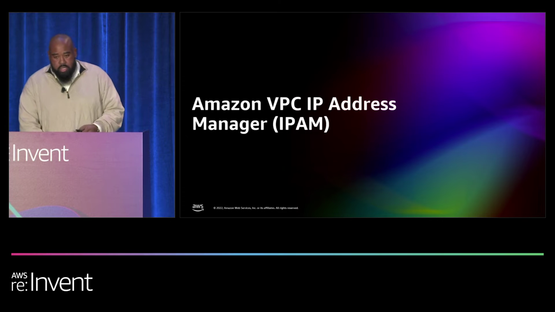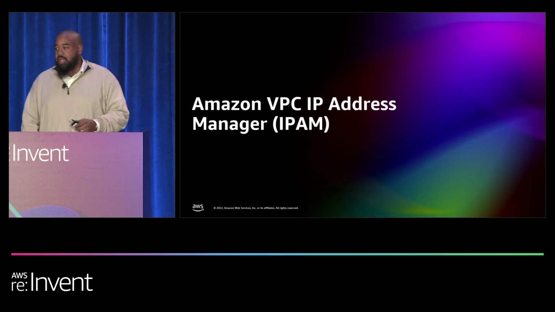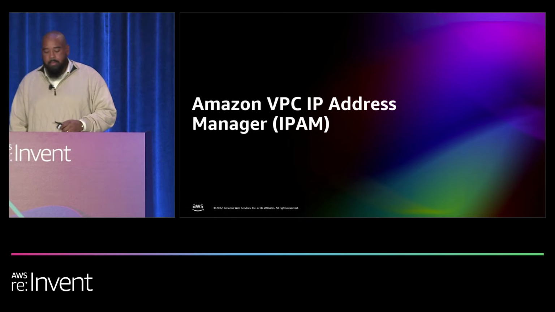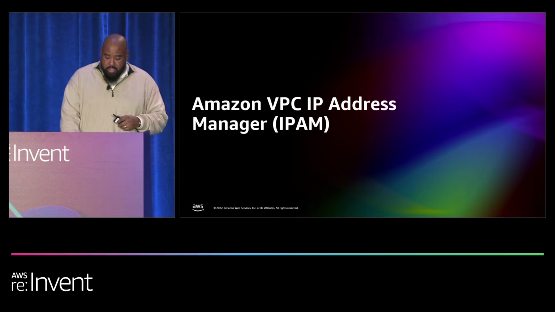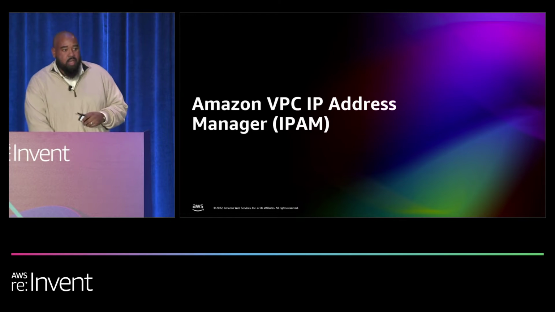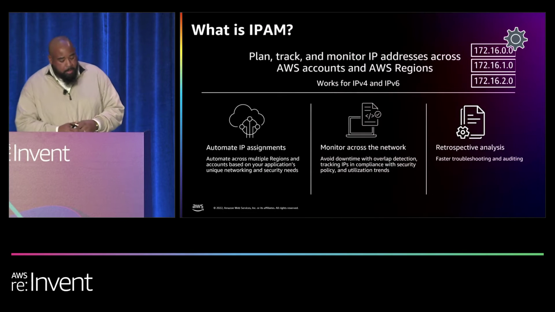Now, a solution that we have here at AWS is the Amazon VPC IP Address Manager, or IPAM. It solves the problems of manually updating and maintaining IP addresses, and we'll go through that now. Now, what is IPAM?